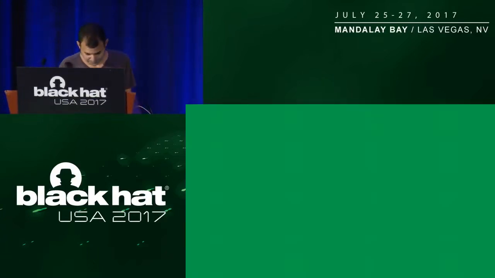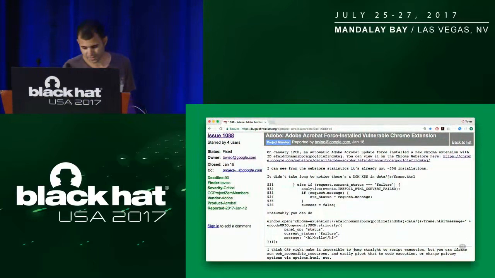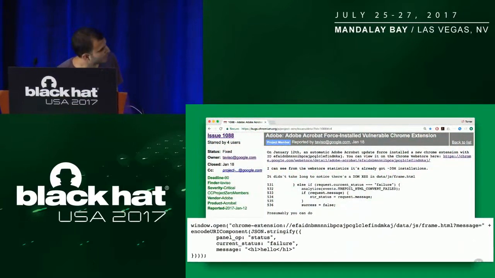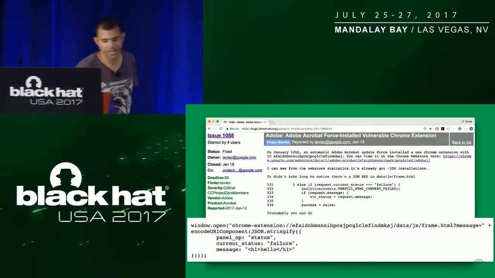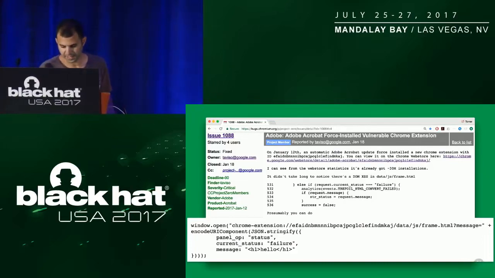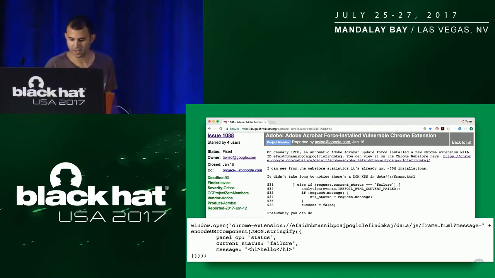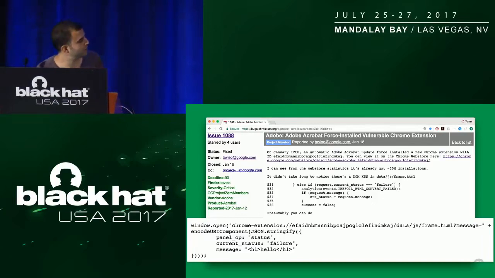Now, this is Tavis's report. I know that you don't see a lot of it, but it included POC code. We can see that the vulnerability lies in an extension page called frame.html, and our payload is inside a parameter called message.